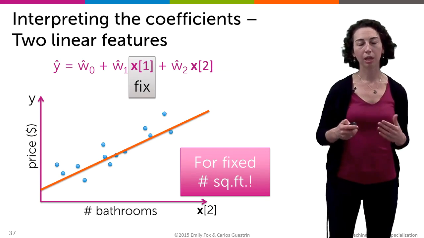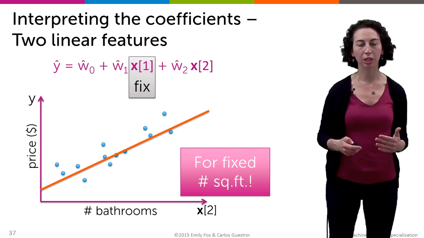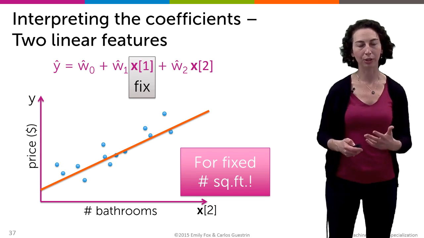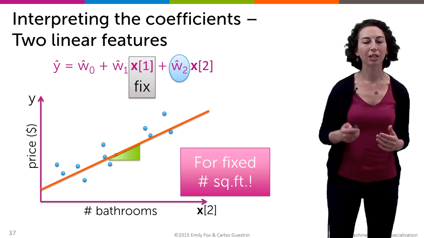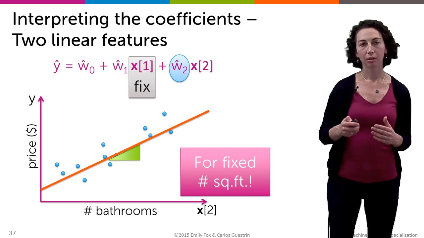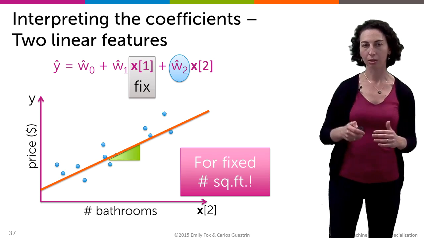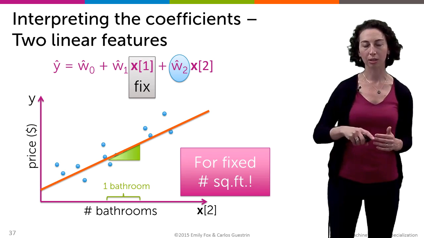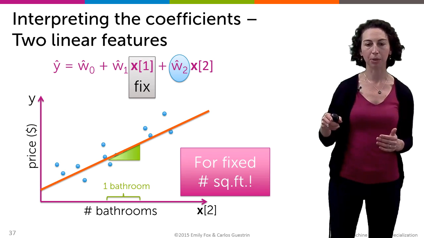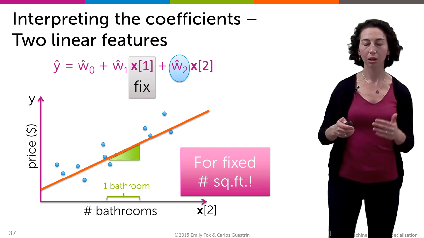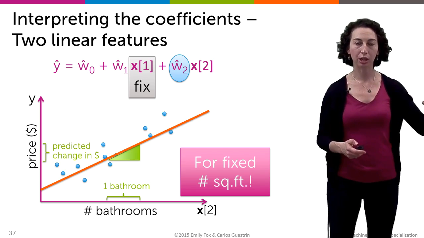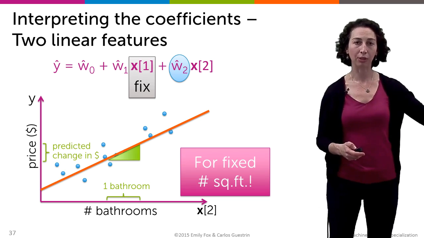And then when we think about the interpretation of w hat 2, the coefficient on the number of bathrooms in the house, it's the slope of this line. So that means for a single unit change in our input, which here is number of bathrooms, so adding 1 bathroom, what's the predicted change in the output, the value of the house?